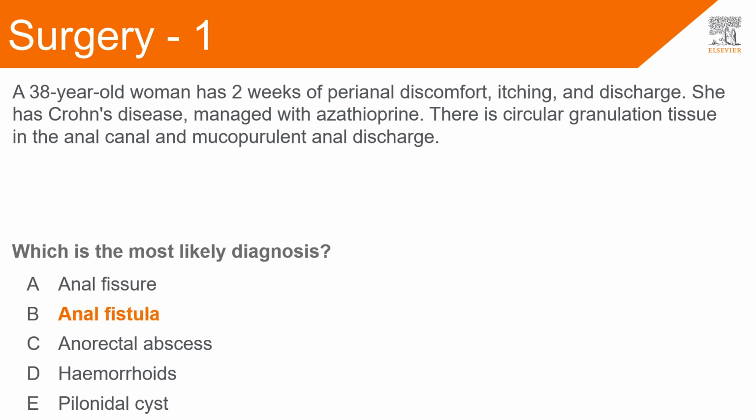And here we have the correct answer, which is B, anal fistula. In the next few slides, we'll go over some key content relating to anal fistula and cover what makes that the correct diagnosis.